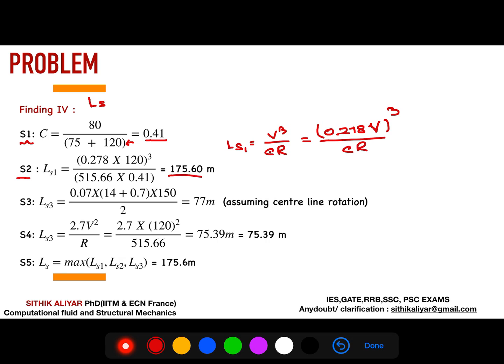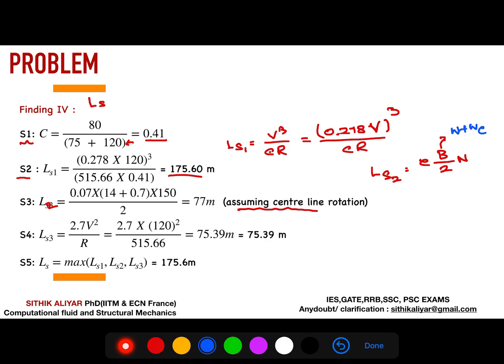Okay, so step 3, it is LS2. I will assume it as central line rotation. So if you remember the formula, E B by 2 into N. We know E, just now in finding 3 we got E is 0.07. You should know B by 2 is nothing but total widening plus extra widening.